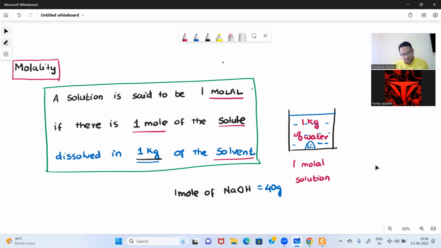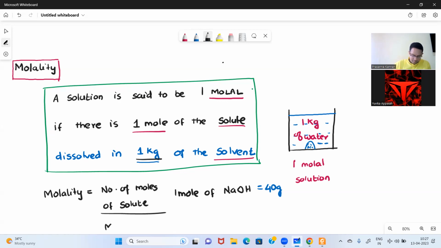Okay. So how do you define molality? The number of moles of the solute by the mass of the solvent in kg. Excellent. Perfect, Vika. Mass of solvent in kilograms, right, Vika?